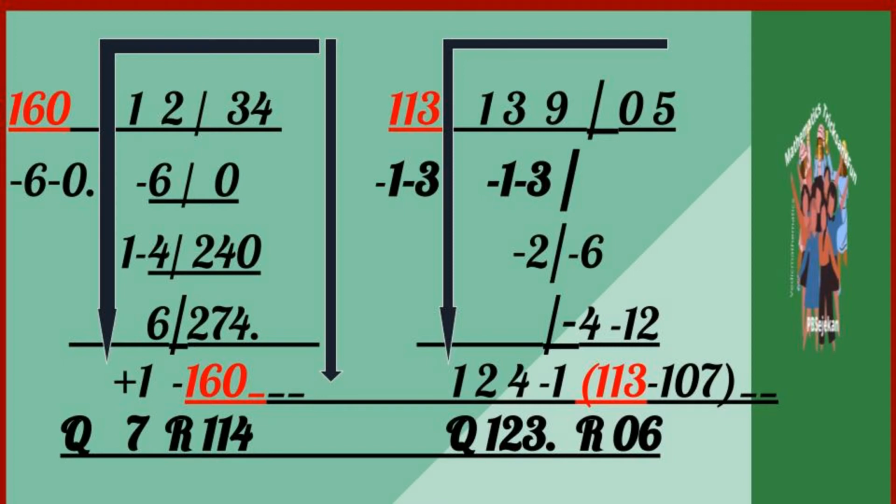So since it is minus 107, we have to borrow 1, that is 113, from 124 which is the quotient, and deduct minus 107 from 113, which gives 06 as remainder and quotient 123.